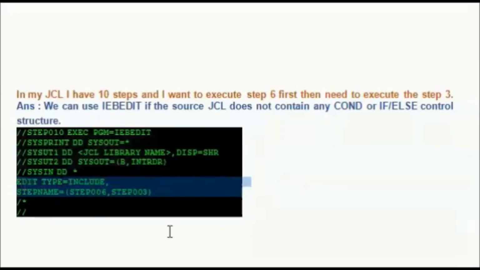You can refer to the example mentioned here. However, I recommend you test the JCL once for this scenario. Here I am using the IEBEDIT utility. In the control card, I use EDIT TYPE=INCLUDE, STEPNAME equal to the corresponding steps to be executed.